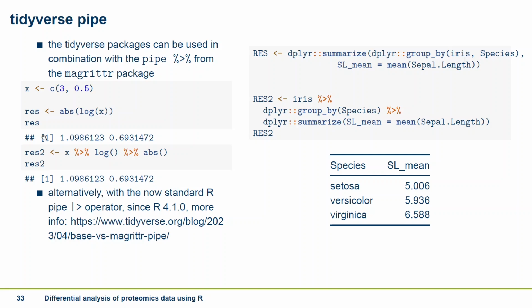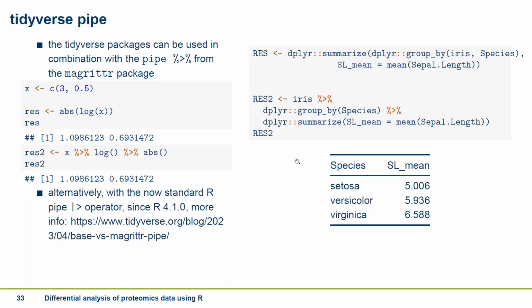This will give the same results, of course, but it depends how you look at it. So if you want to have the last function here as first, or if you want to start here from the inner to the outer function, basically. There's also a pipe in base R, but I think in the tidyverse still this pipe here is more common.